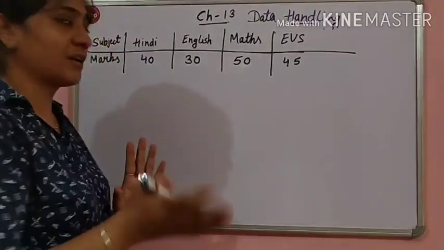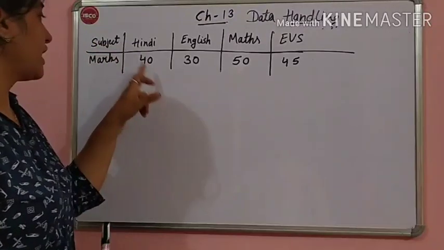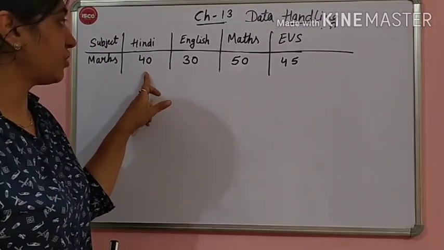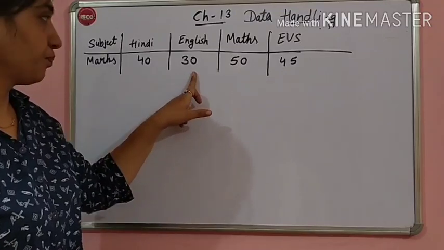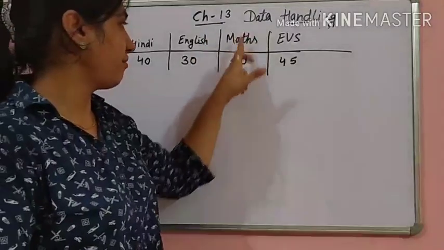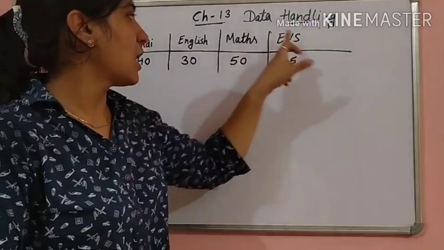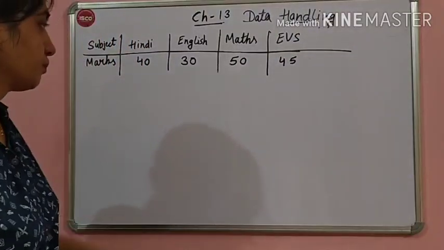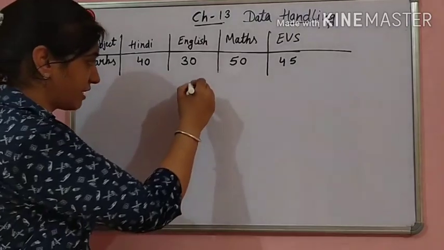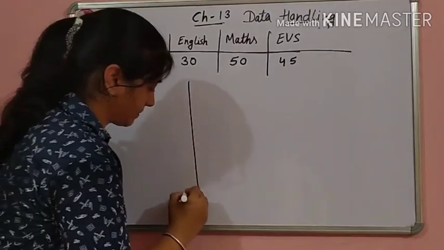It means total marks are 50. Out of 50 he got 40 in Hindi, 30 in English, and in maths he got 50 out of 50, and in EVS he got 45. For drawing a bar graph, firstly we will draw two lines.